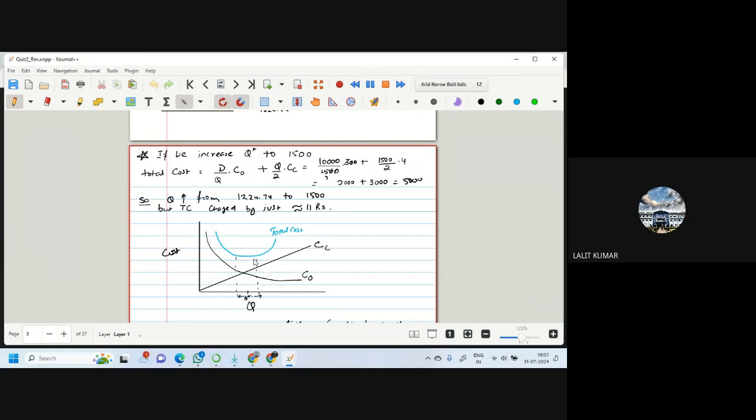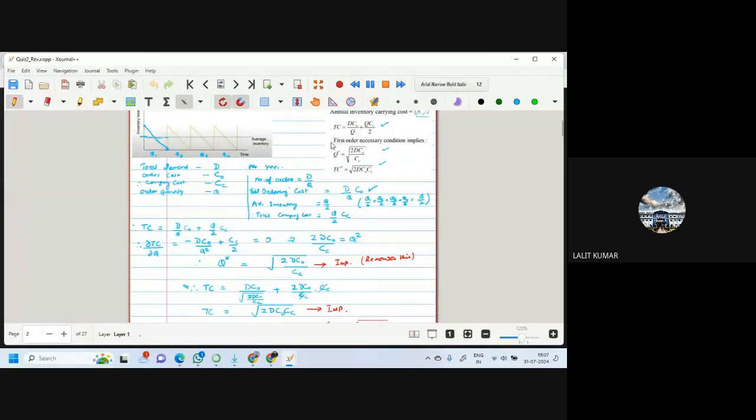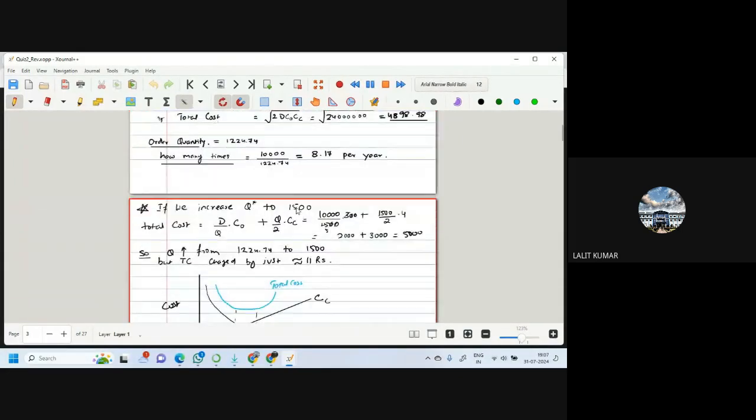In some questions they have asked that you change the ordering quantity by 20%, what will be the change in total cost?